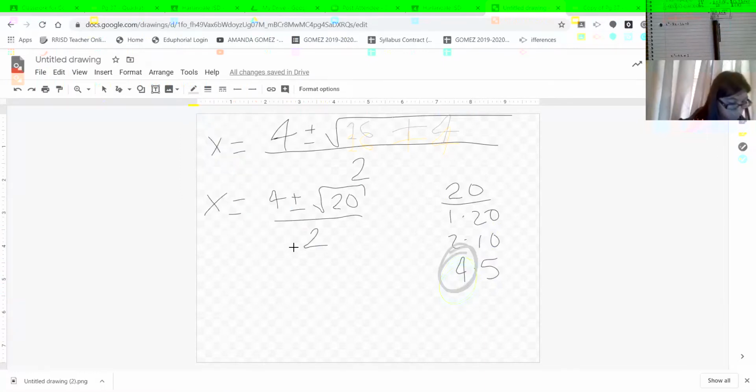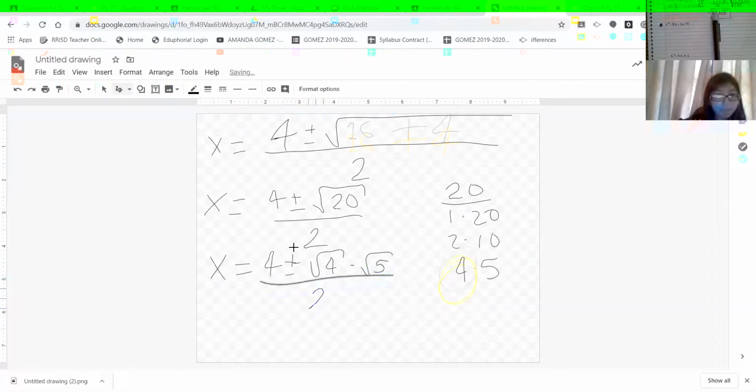So let's go ahead and rewrite this again. And that would be x is equal to 4 plus minus the square root. You know what? Actually, since I already know, square root of 4 times the square root of 5 all over 2. But since we know the square root of 4 is equal to 2, then you would put a big 2 over the square root of 4. Oh, I love it. I agree.